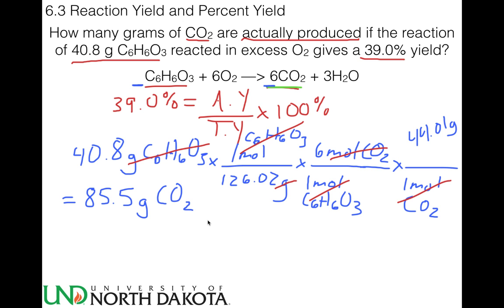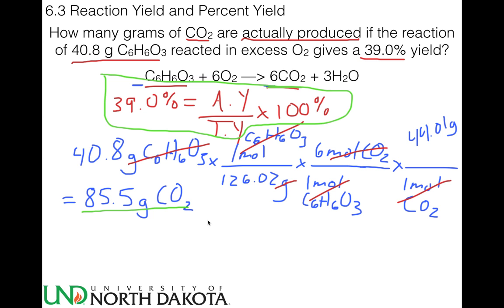Now we need to find how many grams of carbon dioxide are actually produced by using our theoretical yield in our expression that we wrote earlier up here, this guy that I'm circling. And so we'll just plug the 85.5 in for our theoretical yield, rearrange and solve for actual yield, and we should have it.